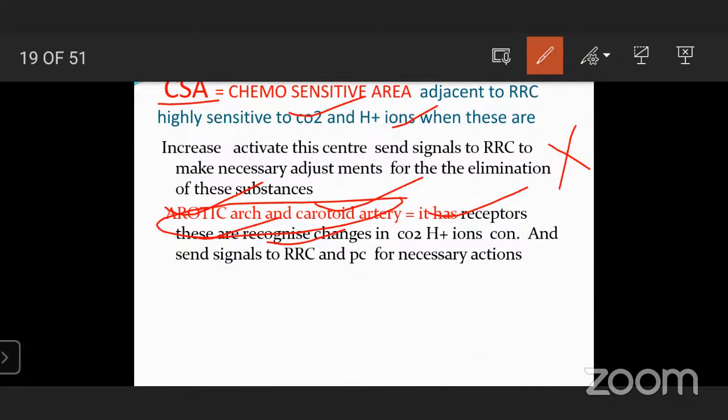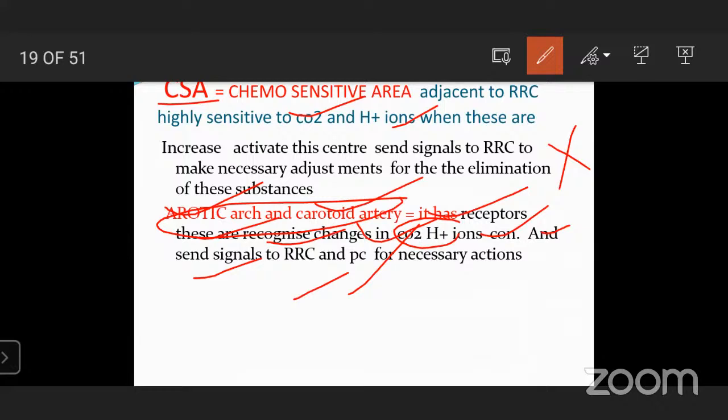These receptors recognize changes in the CO2 and H plus ion concentration in the blood and send the signal to the RRC and PC also for the necessary action. So in this way, the regulation of the respiratory system takes place inside the human body.